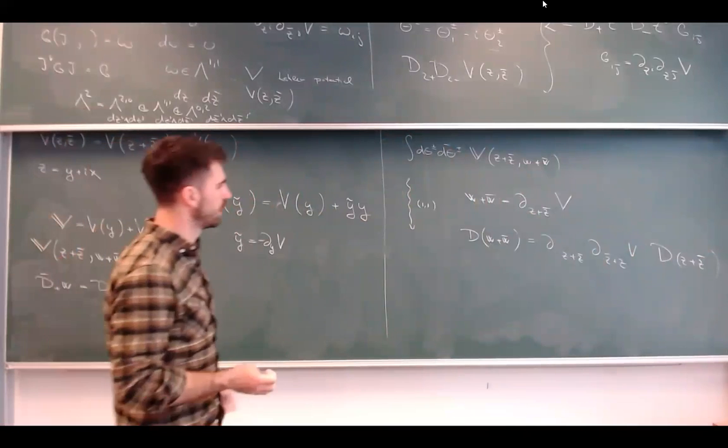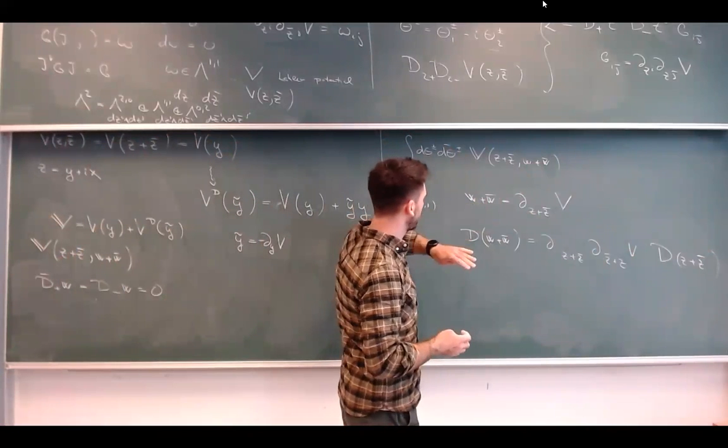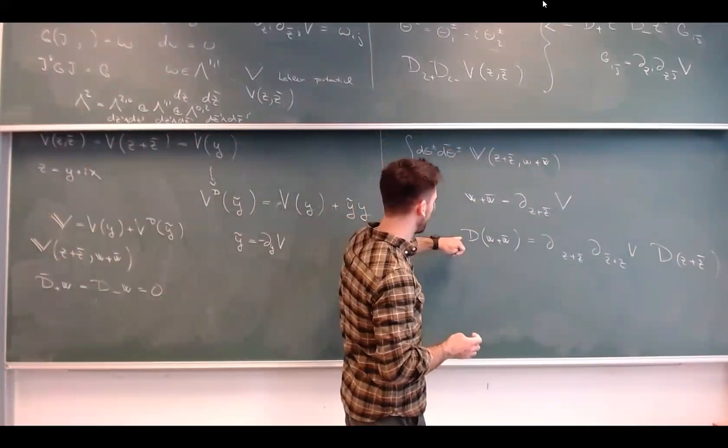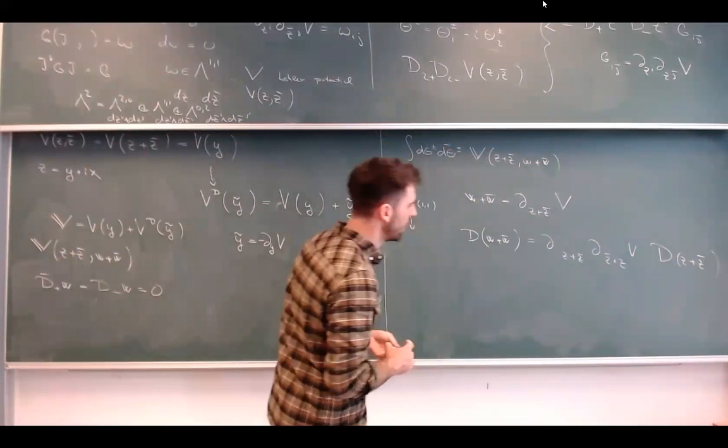So these are constraints which reduce in 1-1 superspace to what you had before.